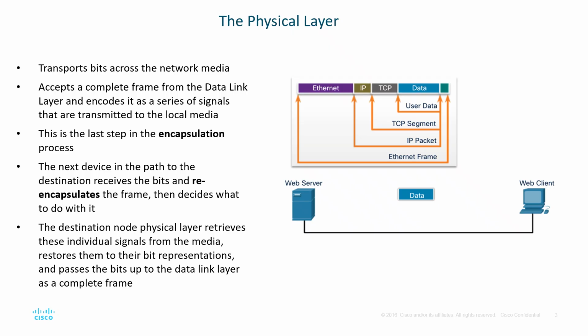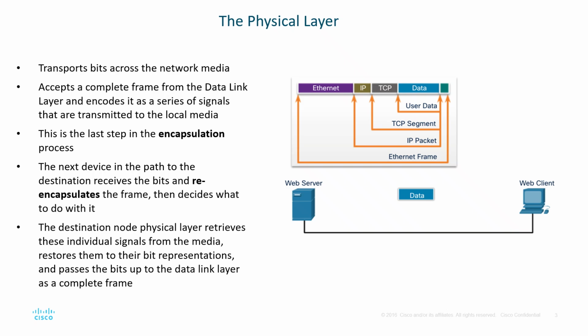And then if it finds a way to get it toward the destination, it will re-encapsulate it again with data link and trailer information and send it along to the next router en route. If it does not have a path, however, it would drop that piece of information.